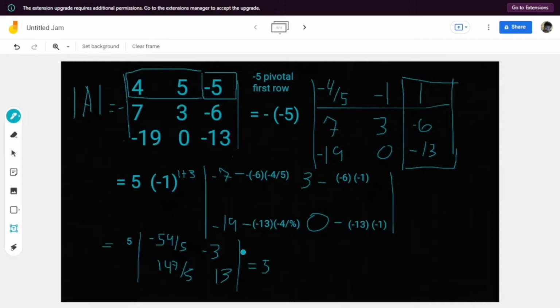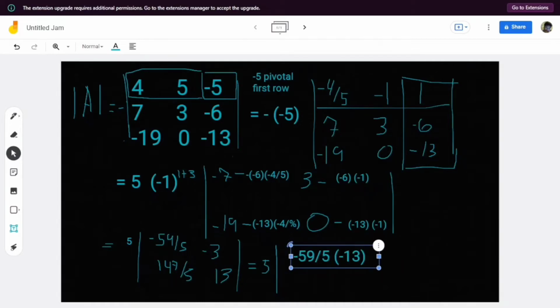So 5 times negative 59 over 5 times negative 13 minus negative 147 over 5 times negative 3.